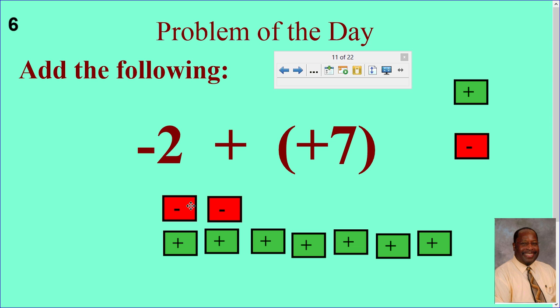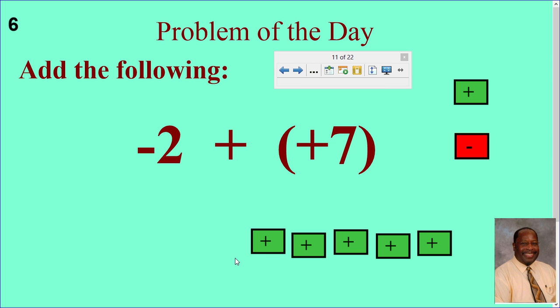So these are like positive and negative charges. When they combine together, a positive charge and a negative charge, they combust and blow apart and disappear. And this is what we're left with. We're left with these positive charges.